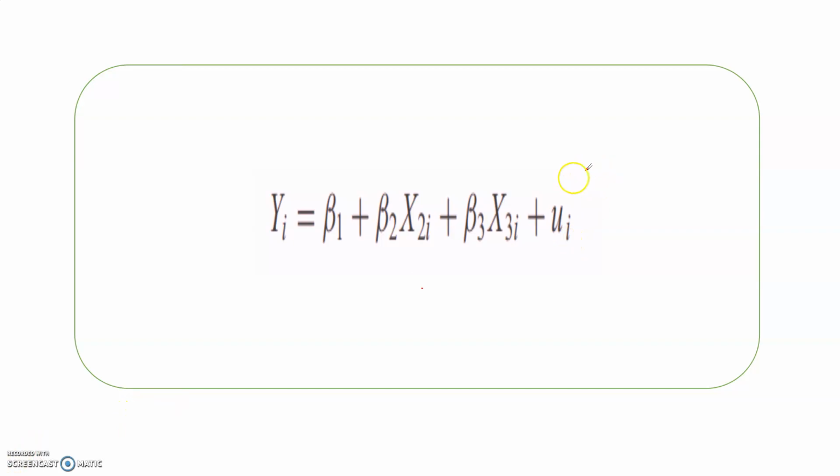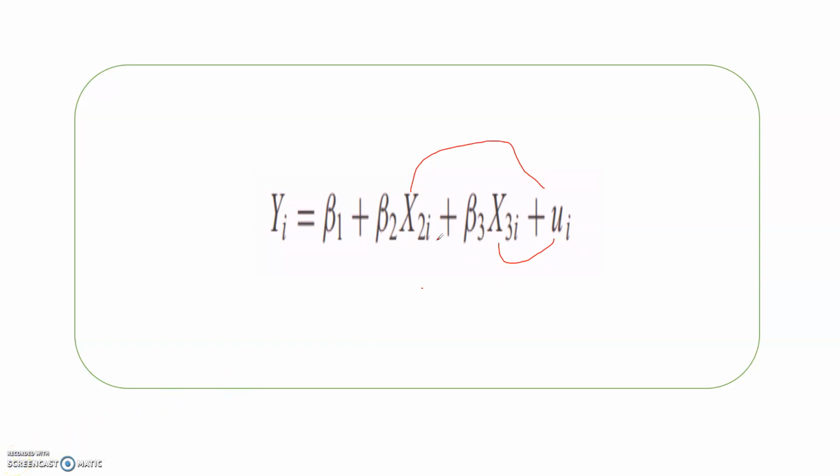The second assumption is that there should be no covariance between the disturbance term and the variables, which means there should be zero covariance between x2 and ui, as well as zero covariance between x3 and ui, which means that the independent variables are independent of the disturbance term u.